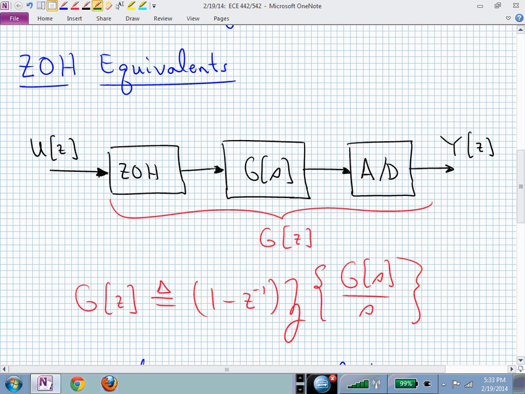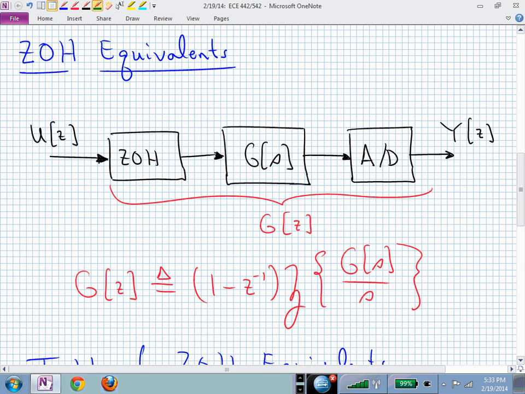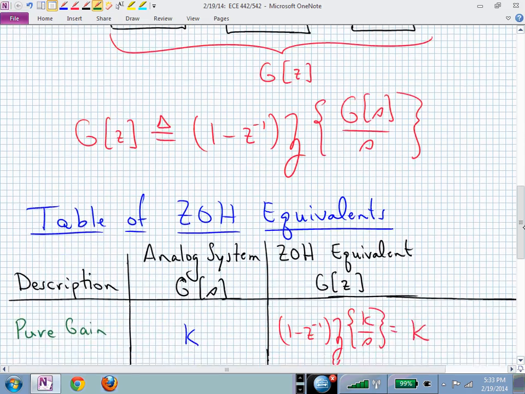Find that Z transform and scale it. We're dealing with scalar transfer functions, so we can simply multiply by 1 minus Z inverse, and that will give us our zero order hold equivalent.